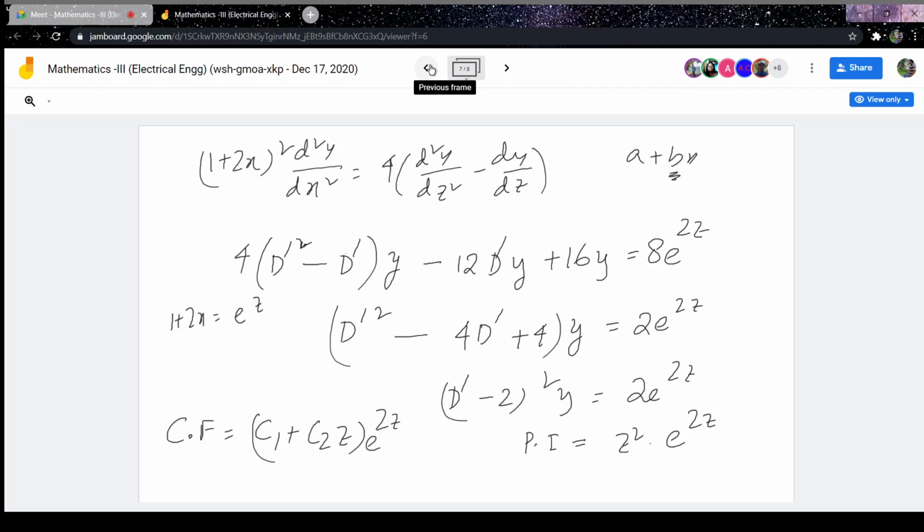So I will replace this, CF will be C1 plus C2 log (1 plus 2x) multiplied by (1 plus 2x) square, and your PI, your z square is log (1 plus 2x), and e to the power 2z is nothing but (1 plus 2x) square.